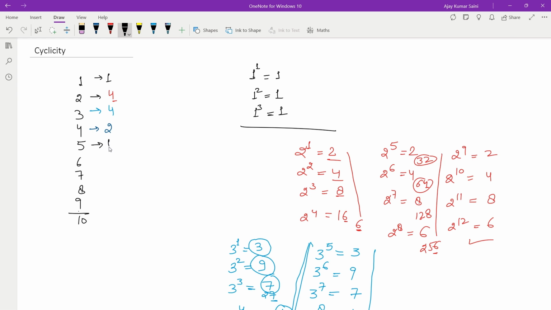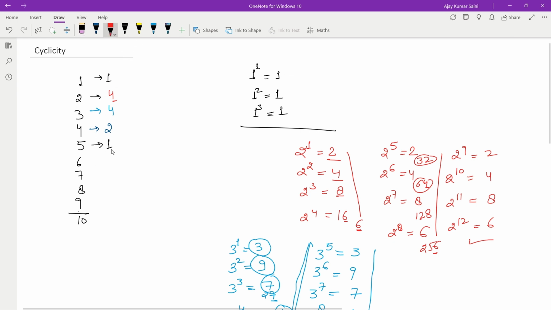Okay, so the cyclicity is 1, and it always ends with 5. I will tell you these other things later.